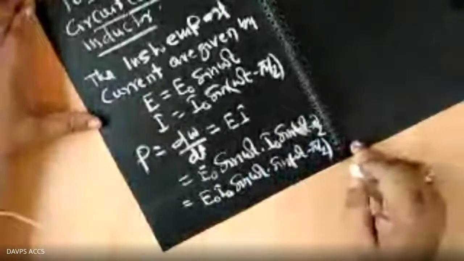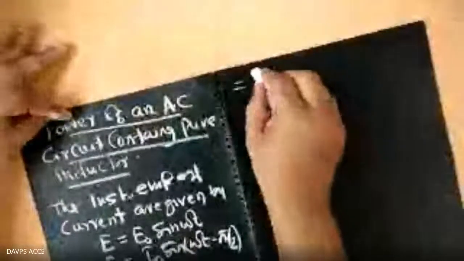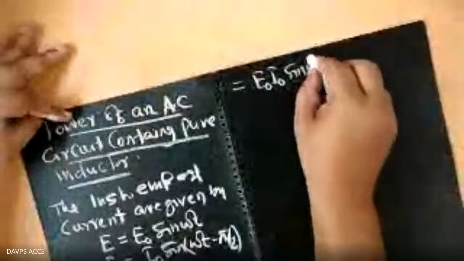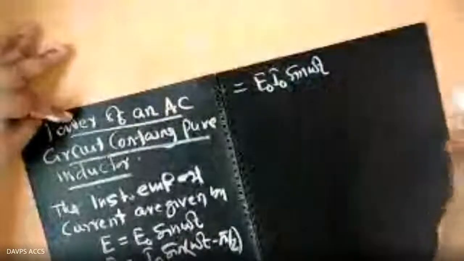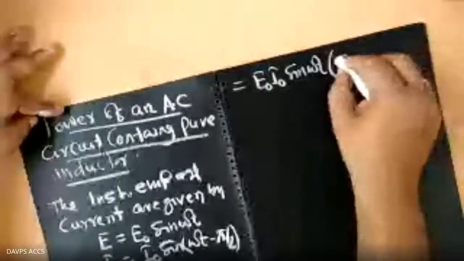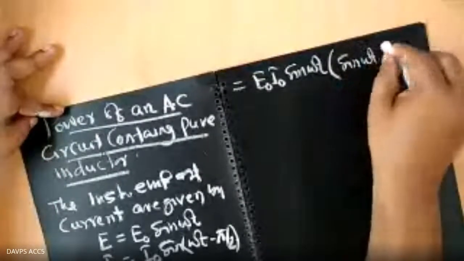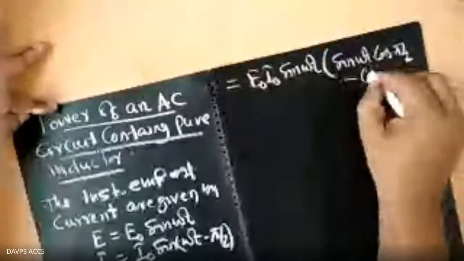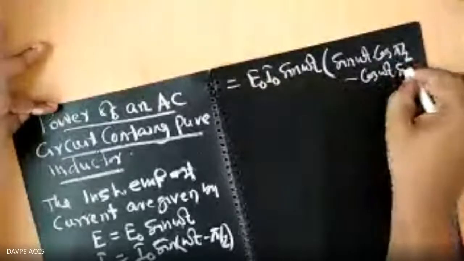And if you just open it, this will be equal to E naught I naught sine omega t and sine omega t minus pi by 2. Sine omega t minus pi by 2 will be equal to sine omega t into cos pi by 2 minus cos omega t into sine pi by 2.